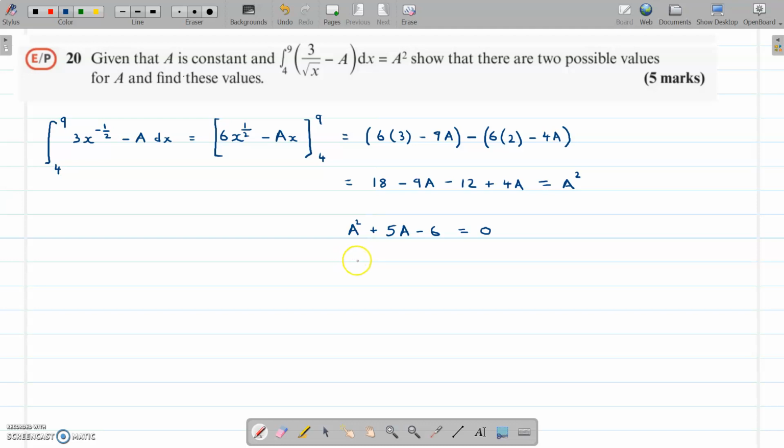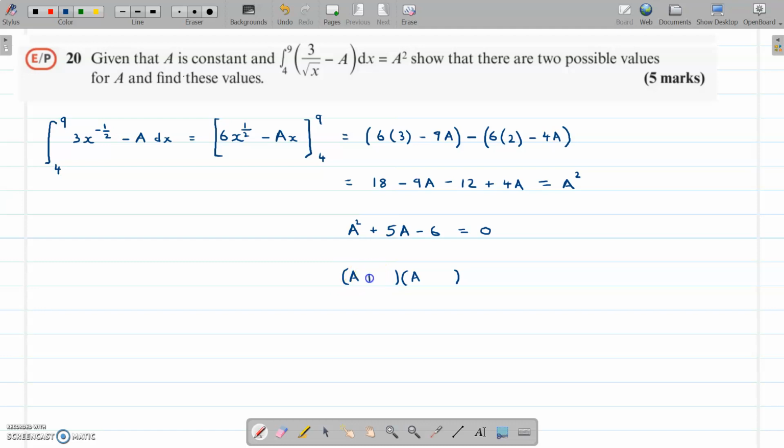So hopefully this quadratic will factorize fairly simply, and we can see that we would have a and a in there, and we're looking for the factors of minus 6 that add up to plus 5. So it's going to be 6 and negative 1.